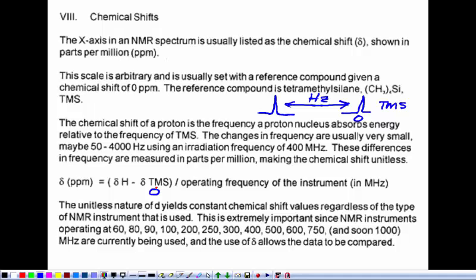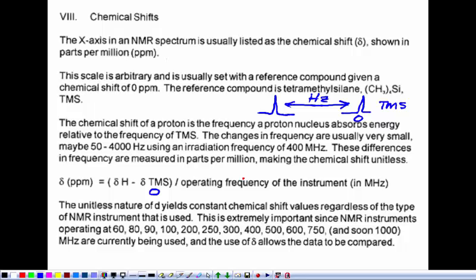Well, the TMS position is always going to be 0 because that's our reference. And then we're going to divide that difference through by the operating frequency of the instrument. In other words, the overall Larmor frequency of the nucleus, which is in megahertz. So for our instrument, protons have a 300 megahertz Larmor frequency.